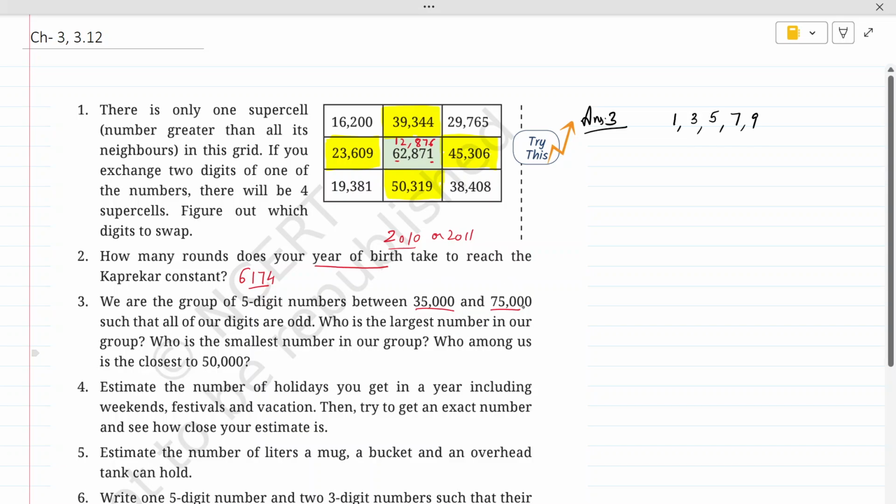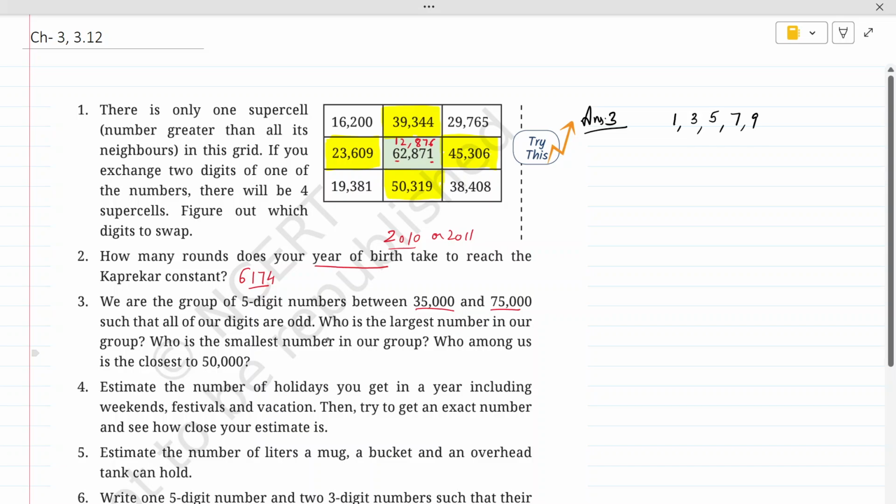That is the first criteria: all the digits should be odd, the number should lie in this range, and they should be 5-digit numbers. The first thing we have to do is find the largest number in our group.